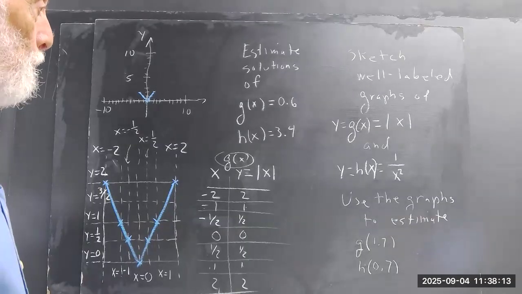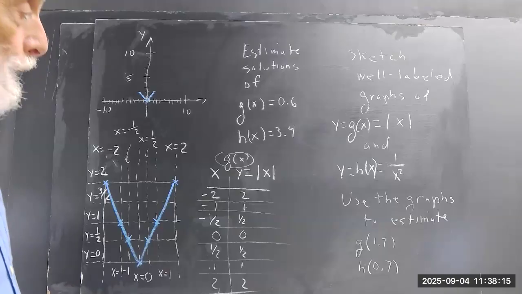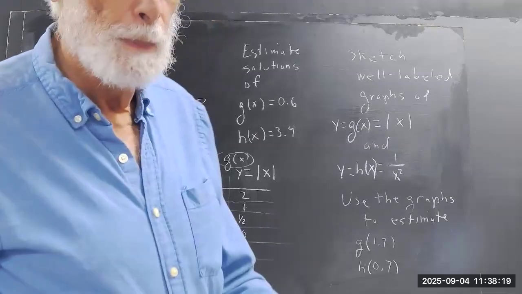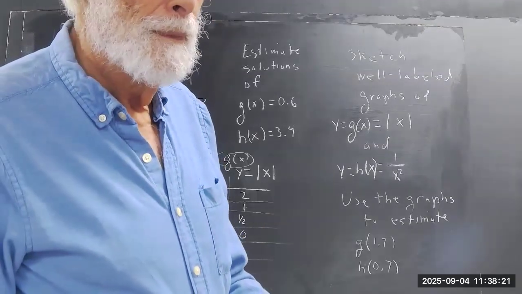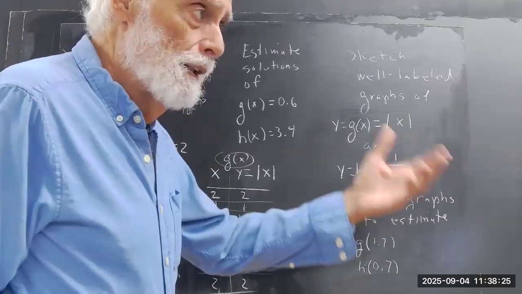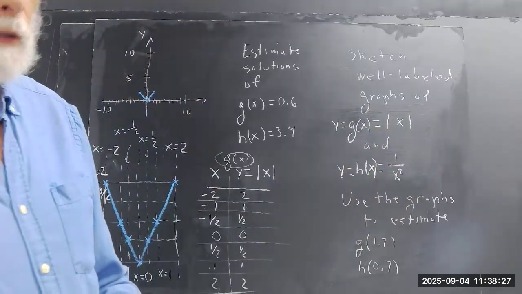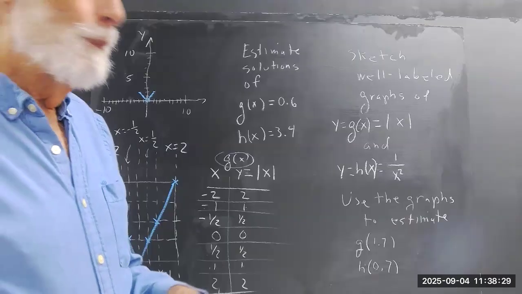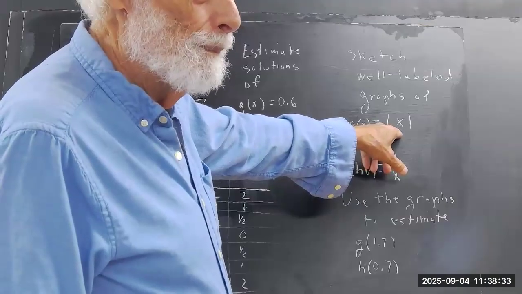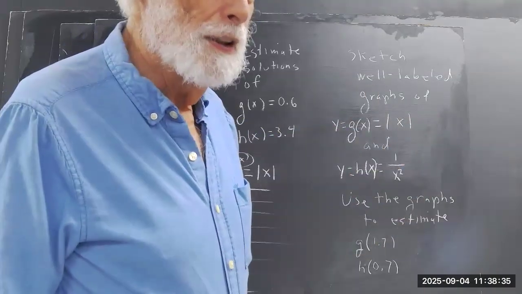Okay. Now we want to use the graphs to estimate G of 1.7. What does G of 1.7 mean? Well, you've done the assignment on function notation last week. It means you replace X here with 1.7, right? And the answer is going to be 1.7.